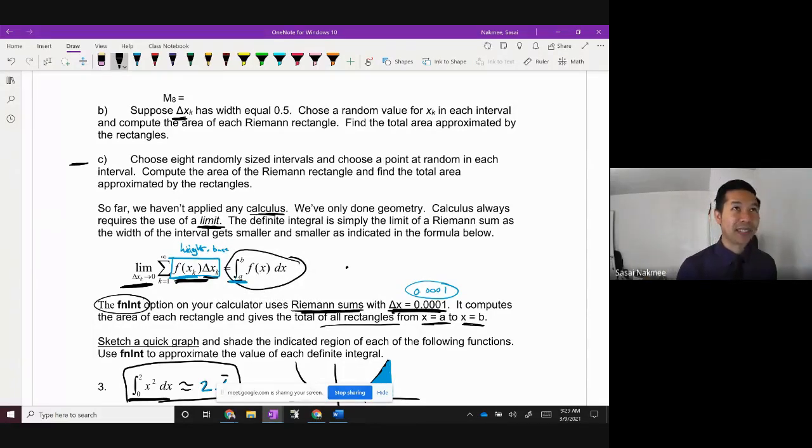The integrand is the thing inside. The integral is the function that calculates area underneath the curve. That comes from the idea of adding up all these little rectangles together so that there are infinitely many rectangles, and once we add them all up, we get the total area underneath there.